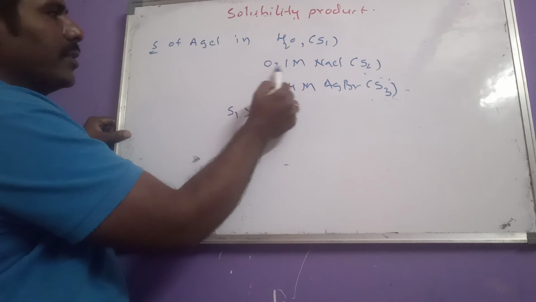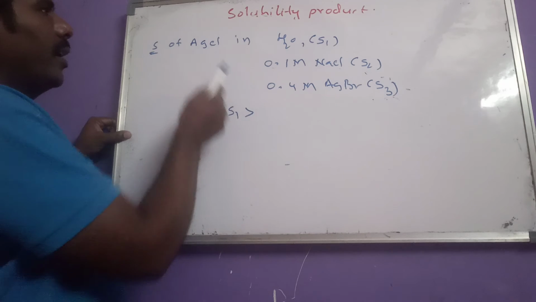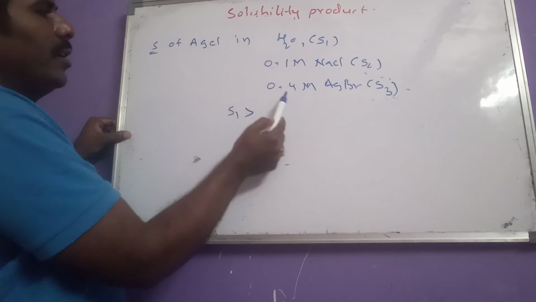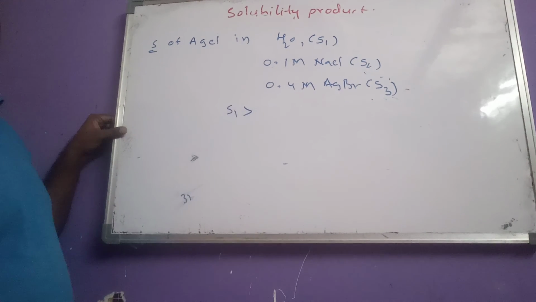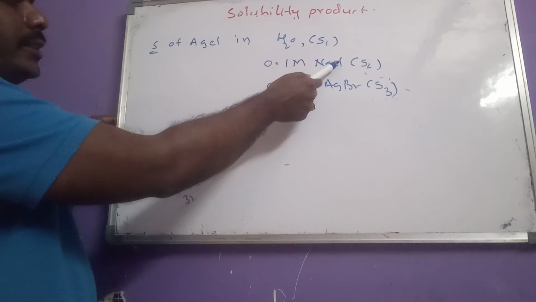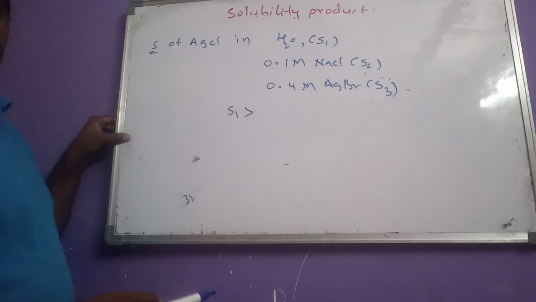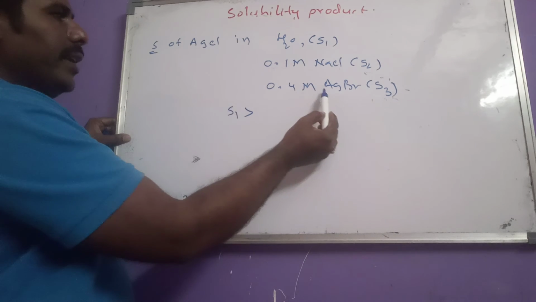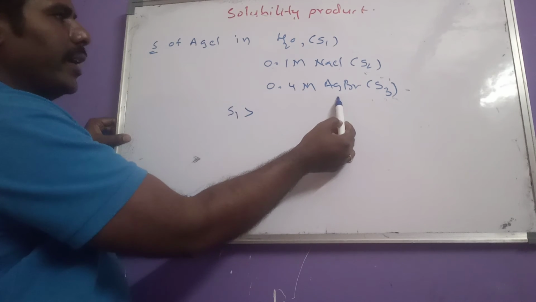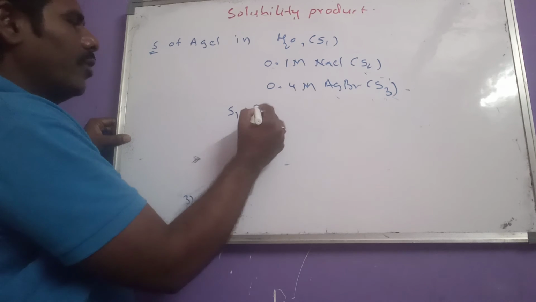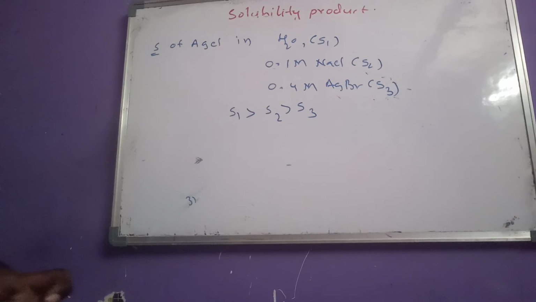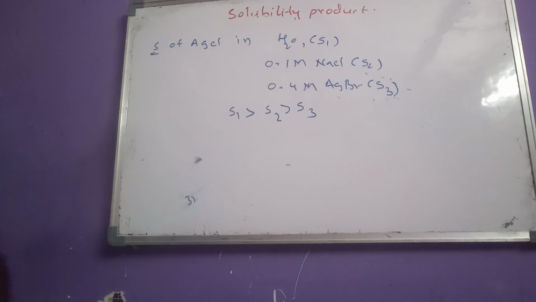Here chloride concentration is 0.1, and between AgCl and AgBr, the common ion is silver, but here silver concentration is 0.4. As compared with chloride concentration, Ag+ concentration is more. So due to that more common ion effect, in this case less solubility is there, but here more solubility. So S1 greater than S2 greater than S3. Like that they give questions related to order of solubility.